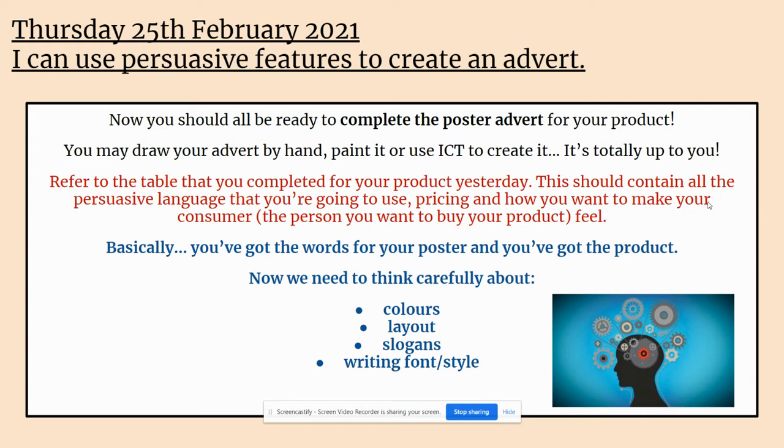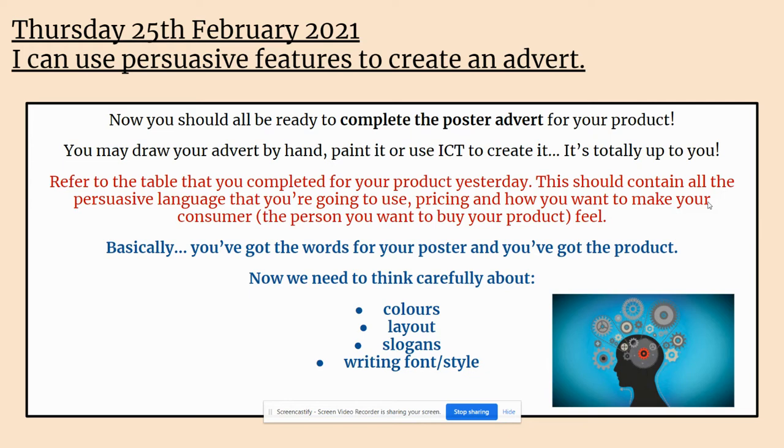Pricing, how you want to make your customer feel, or the consumer feel. So basically, guys, you've got the words for your poster, you've got the product, you've done all the hard work. Today, you're just displaying that product and all of those persuasive features into a poster.